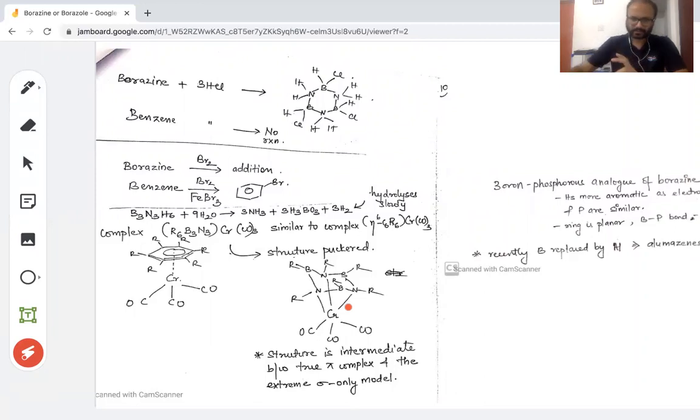Here I have written down that the structure is intermediate between the true pi complex and the extreme sigma model.